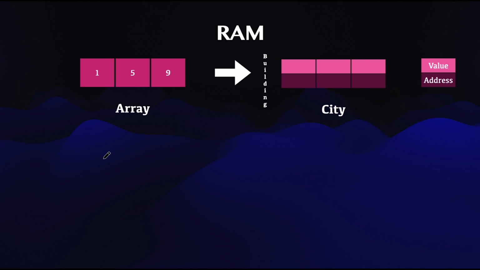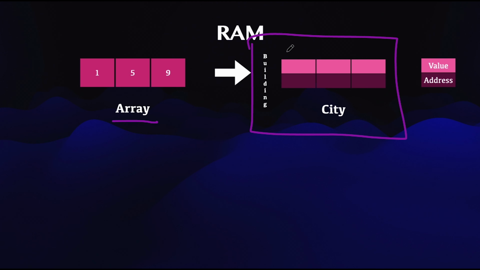When we speak about RAM and how we store arrays there, we speak about a contiguous block of information. It's like a series of buildings that are located right next to each other in the city. So nothing goes in between, absolutely nothing.